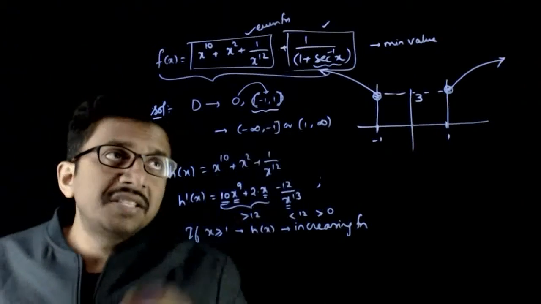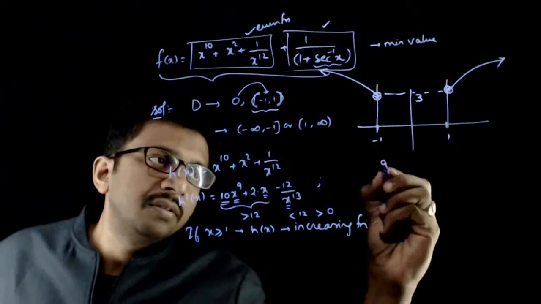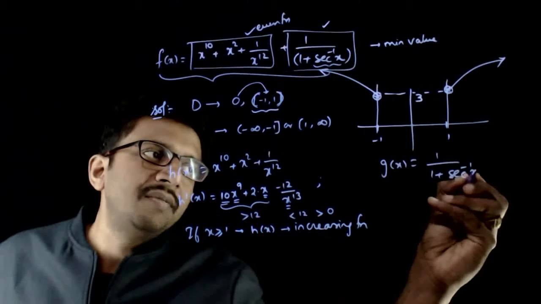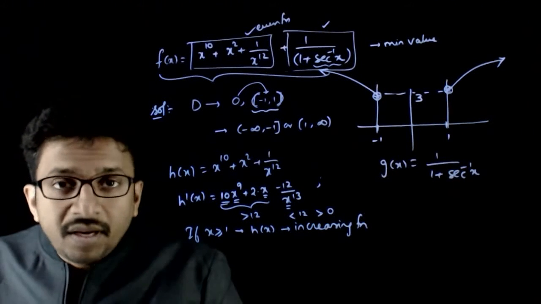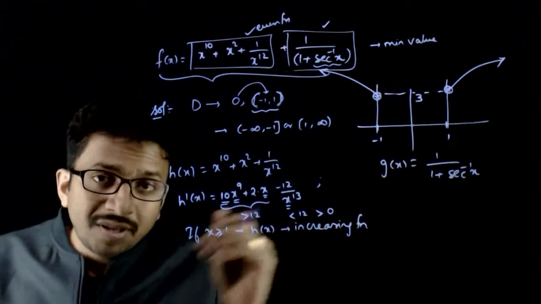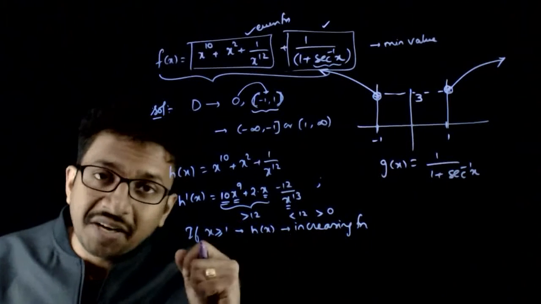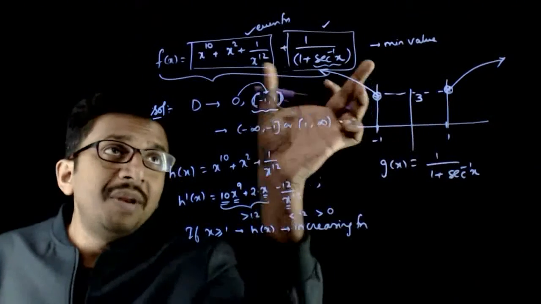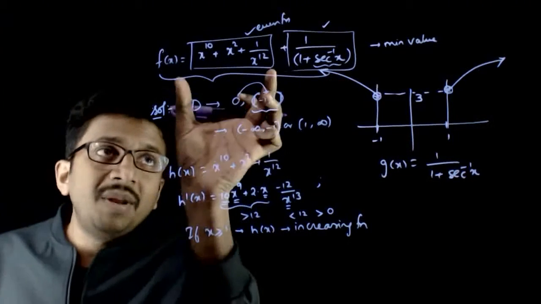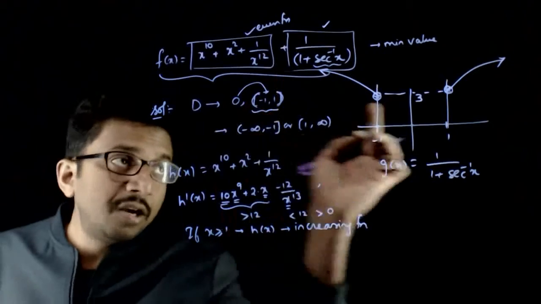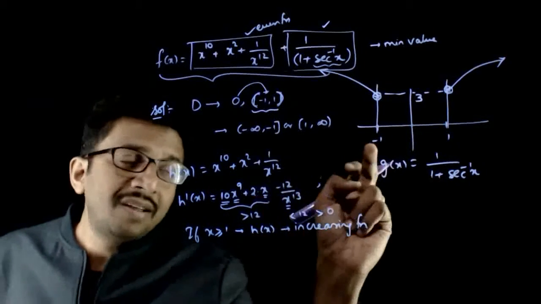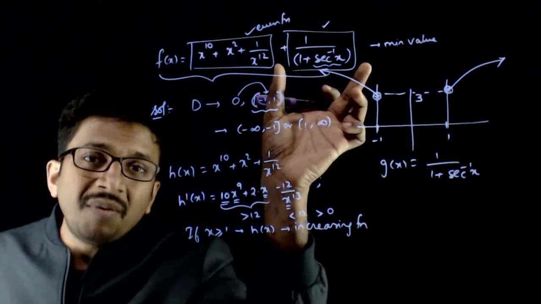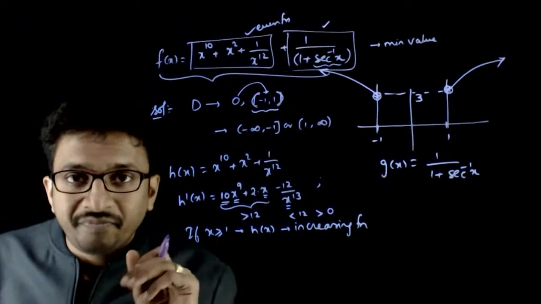Next, let us analyze the function g of x equal to 1/(1 + sec inverse x). Let me not draw the graph of this; let me analyze it analytically. I want the minimum value of this function.